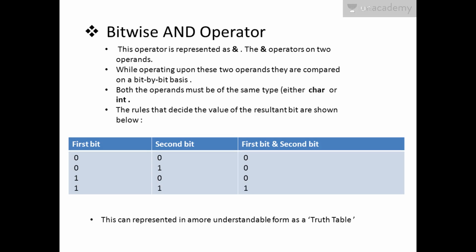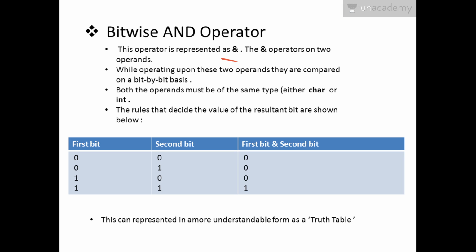When you go for the bitwise AND operator, it is represented with the symbol ampersand, and this operation can be performed only on two operands, a left side operand and a right side operand. Two operands are mandatory, and they are compared bit by bit.